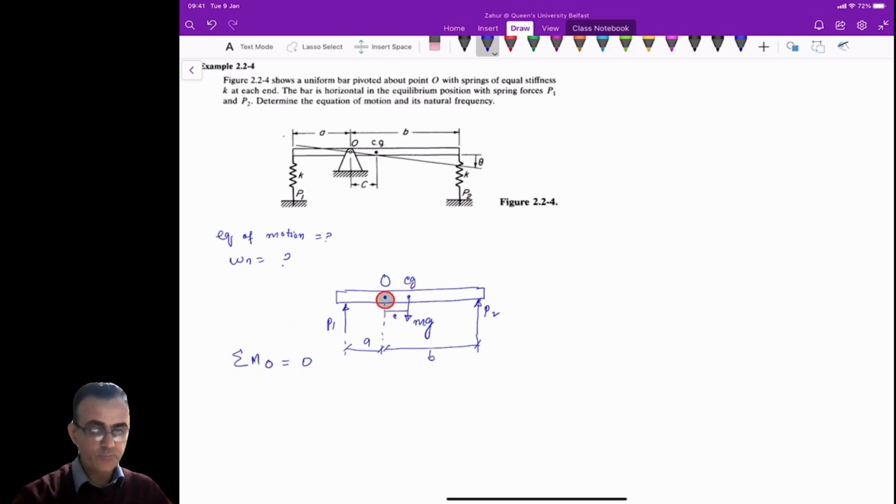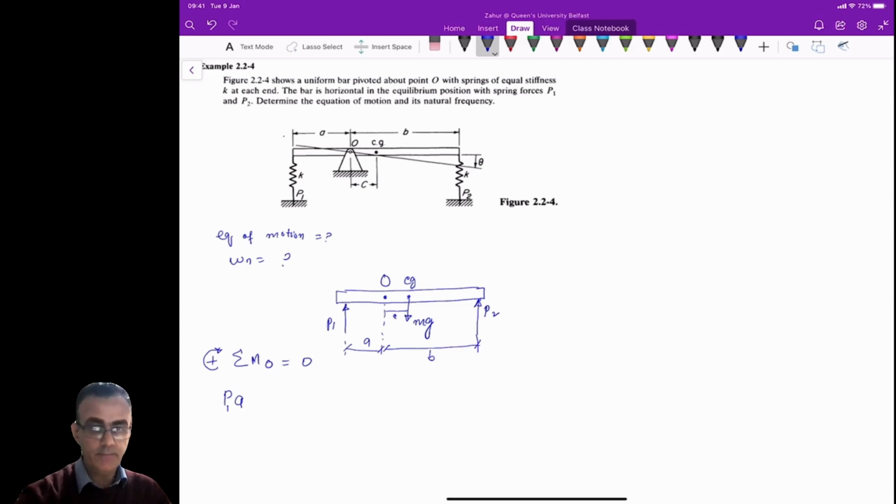And if we, for example, take the clockwise as positive, so it will be P1 times A. So P1 is the force and A is the moment arm.